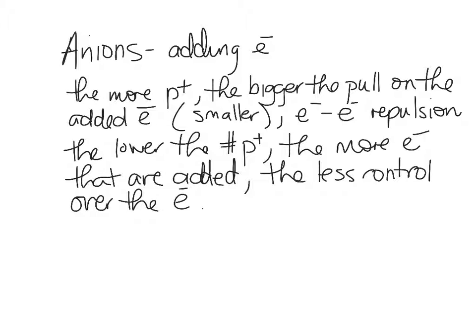So nitrogen and oxygen and fluorine have isoelectronic ions, but nitrogen's really only got how many electrons, how many protons, sorry, how many protons to pull on those electrons?